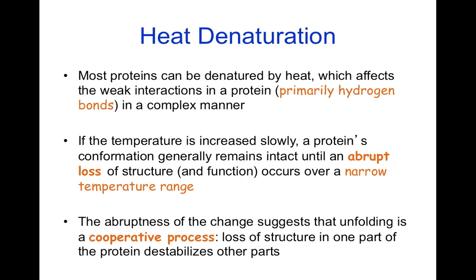So as you start to increase the temperature, the protein is able to withstand that increase. But it has a threshold, and once you pass that threshold, there's an abrupt loss of function. Alright, so proteins denature over a narrow temperature range.